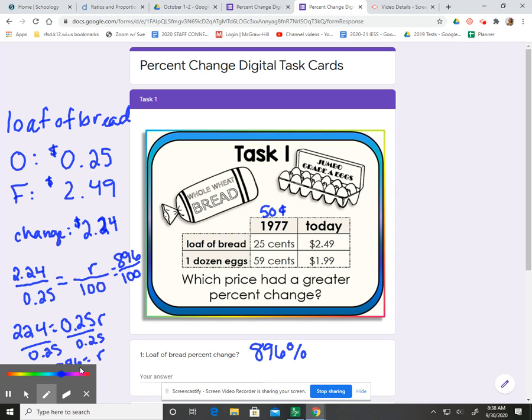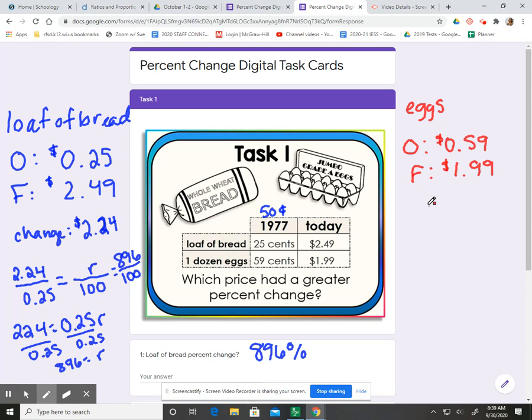All right, let's look at the eggs. I'm going to show you another way. Our original is $0.59, and our final is $1.99.